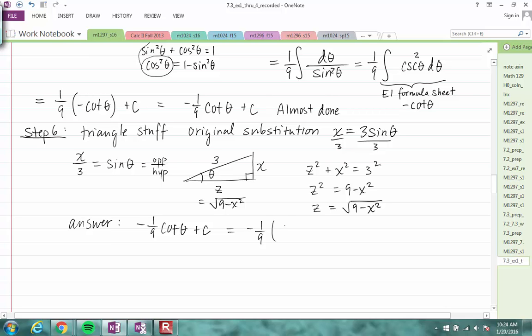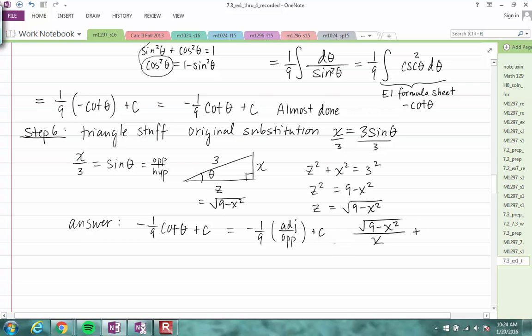Personally, that's how I remember it. Lots of ways to do it. So instead of having opposite over adjacent, it's going to be adjacent over opposite. So looking at my triangle with the theta in the position I chose to go with, adjacent is going to be the z thing that I found, square root of 9 minus x squared, and then my opposite is x.